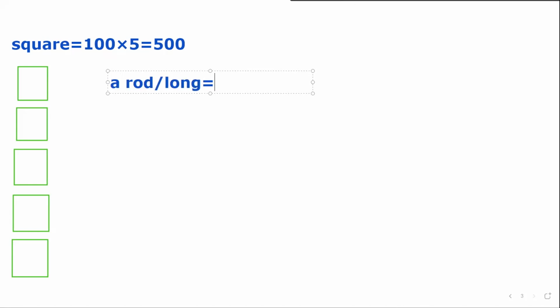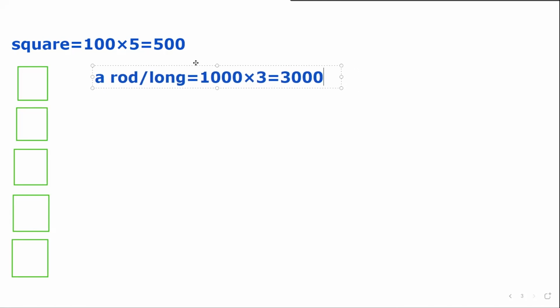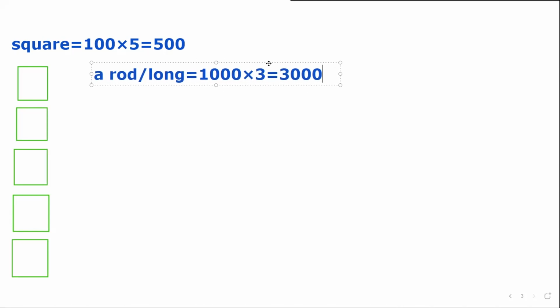One rod is equal to 1,000, and you're supposed to model 3, which will be equal to 3,000 for that number. Okay. And remember, I said a rod is made up of what? 10 squares. That is why we multiply the 100 by 10. So you're going to draw 10 squares in a vertical or horizontal form.